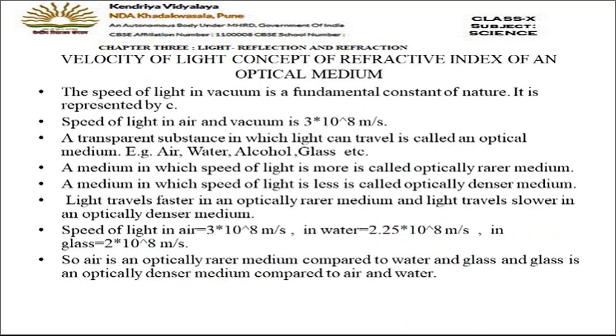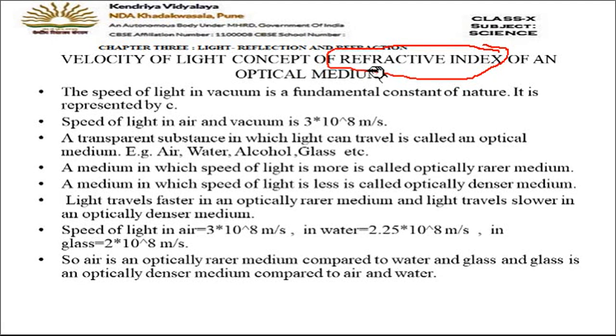Now moving on to the next slide. The next concept is refractive index. Now we have to study the refractive index of an optical medium. So what is an optical medium first? The medium through which light can travel is the optical medium.